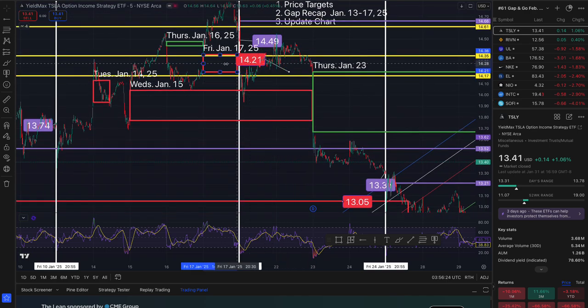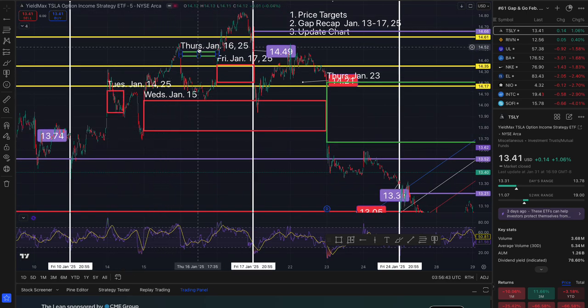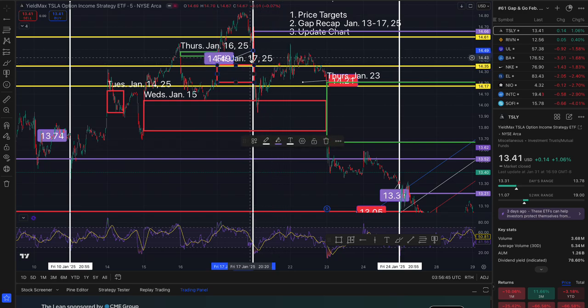Again, I have no idea when the gaps will touch, and this one I needed to clean up as well. We gapped up, so that will fill to the downside, and we did it out of the gate on Tuesday, the 21st. Monday we were closed for business there, the holiday. And what is this? Now let me just delete that.